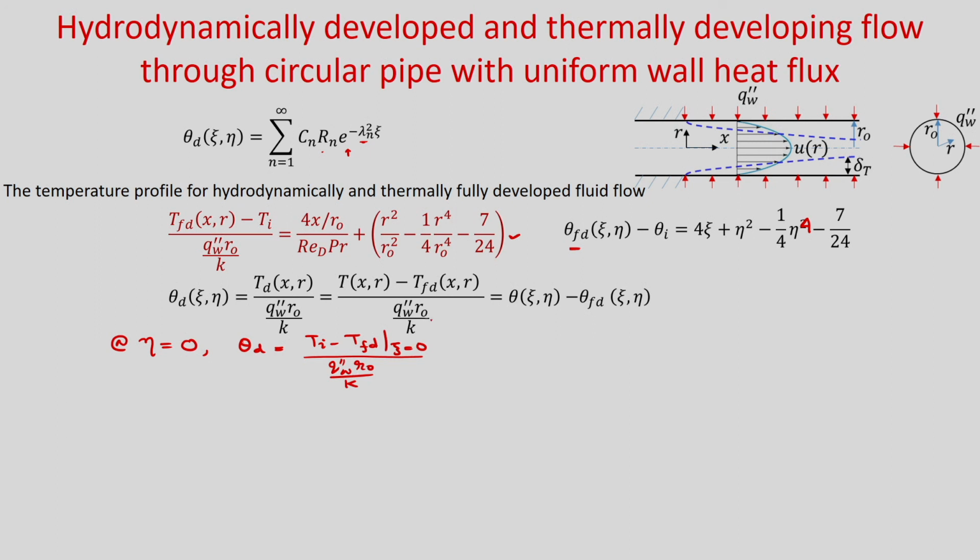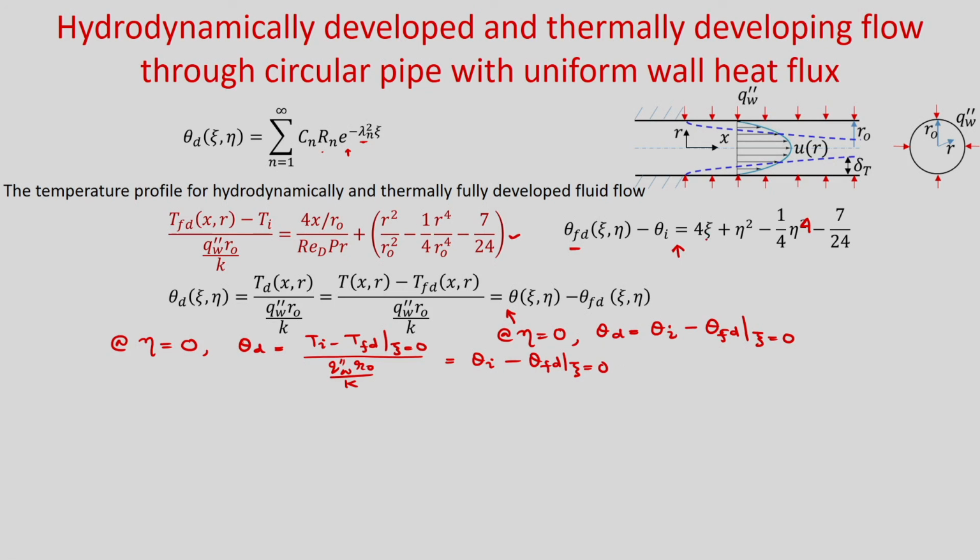So you can see this is your theta_d. If you put zeta equal to 0, that means x equal to 0, you can write theta_d as nothing but theta_i minus theta_fd at zeta equal to 0.